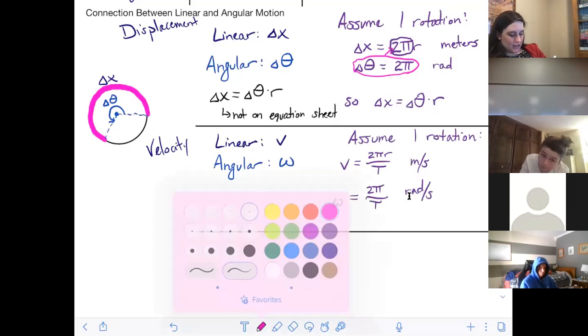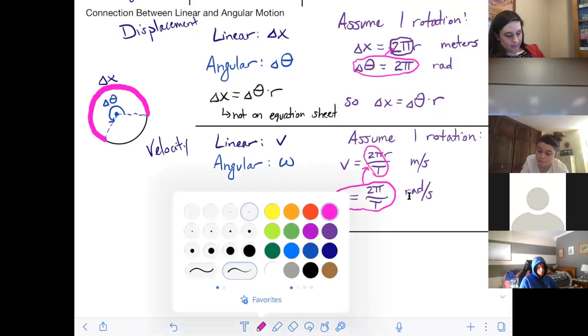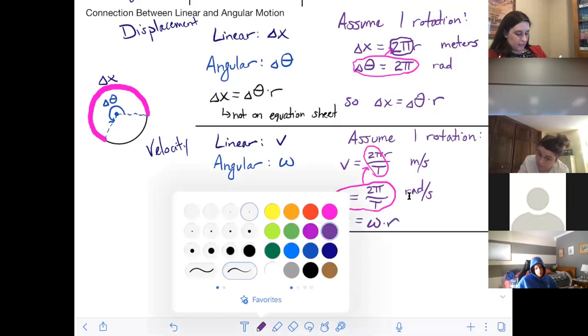And yet again, we see that we could do a lovely substitution to relate these two quantities to each other. V equals, and instead of writing 2 pi over T, I could replace that with omega. What we end up with is linear velocity is equal to angular velocity times r.